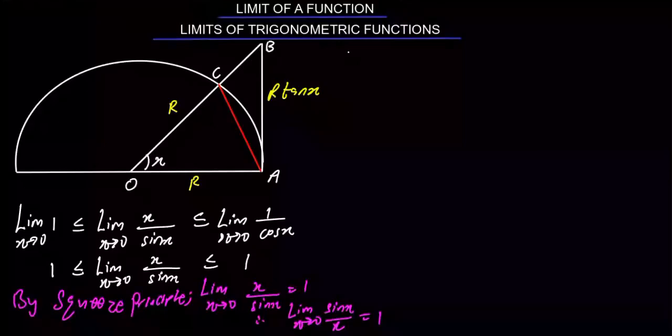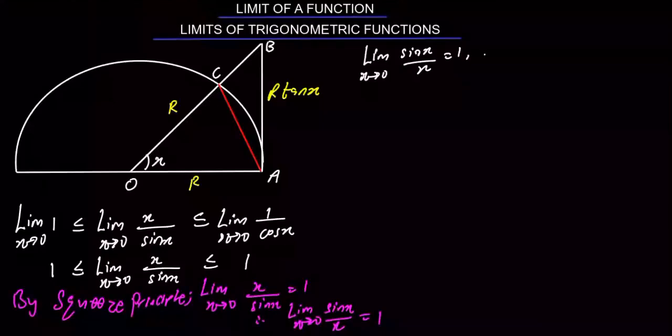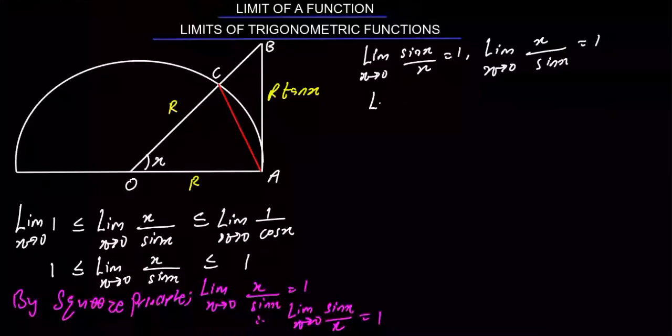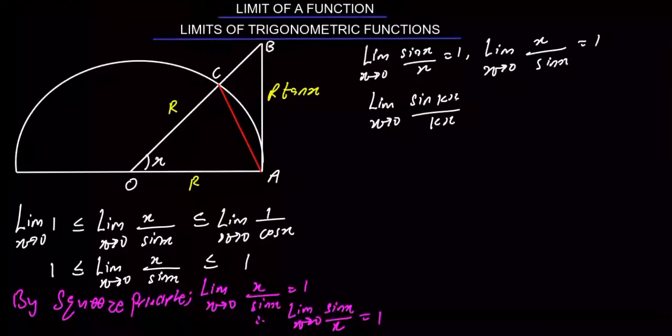If I have the limit as x tends to 0 of sine x over x, it is equal to 1. The limit as x tends to 0 of x over sine x is equal to 1. But what if I have the limit as x tends to 0 of sine kx over kx? Since what you are having here are the same, the answer is still 1.